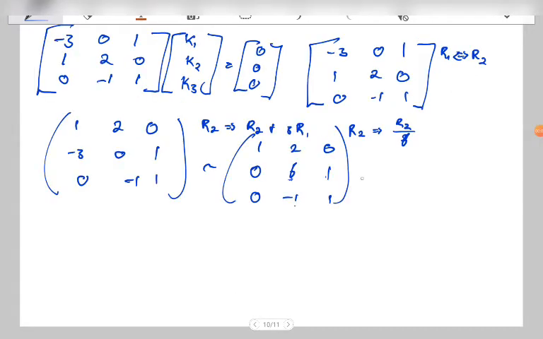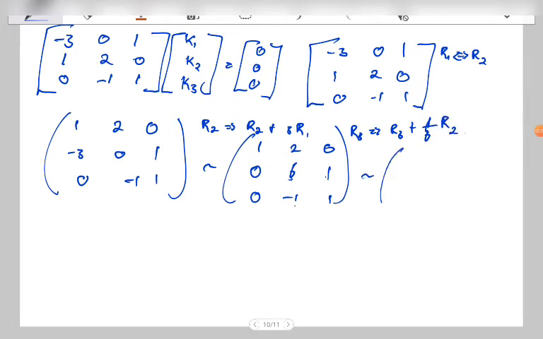Okay, so you can take it further by making this 0 here. So to make that 0, let me see, you can say r3 will tend to r3 plus 1 over 6 r2.